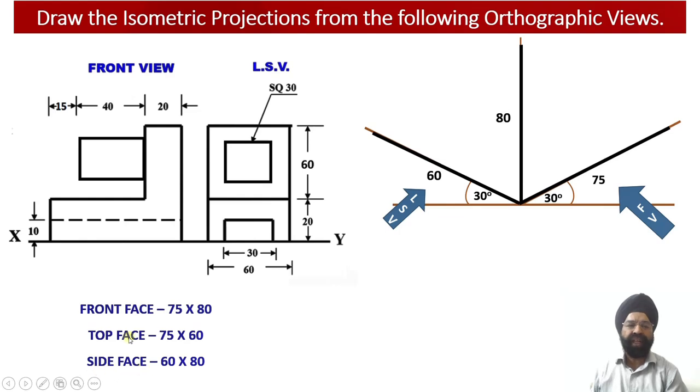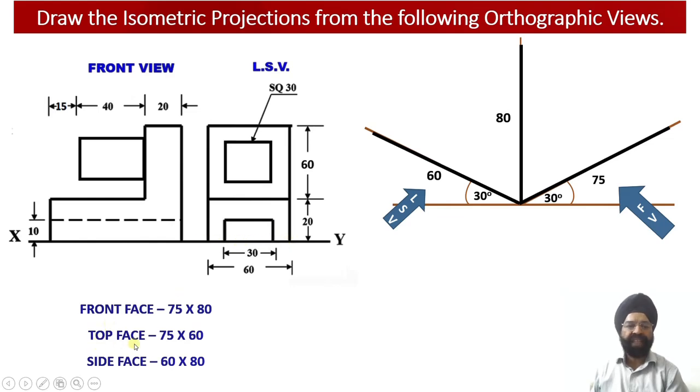So we are required to evaluate the front face dimensions, the top face dimensions and the side face dimensions of this particular solid. Now looking at the solid from the front side, we work out that the length of the solid happens to be 75 millimeter, while the height of the solid is equal to 80 millimeter. So the front face view dimensions will be 75 millimeter by 80 millimeter. Now the top face dimensions of the solid will be length equal to 75 millimeter and the width equal to 60 millimeter.